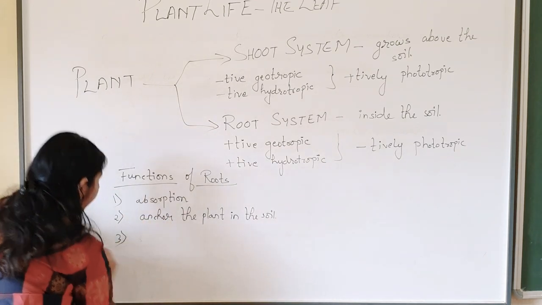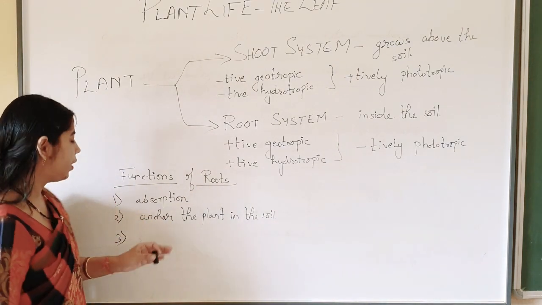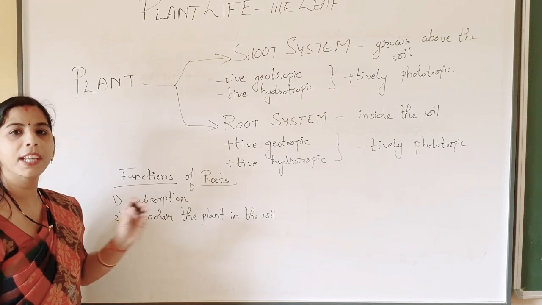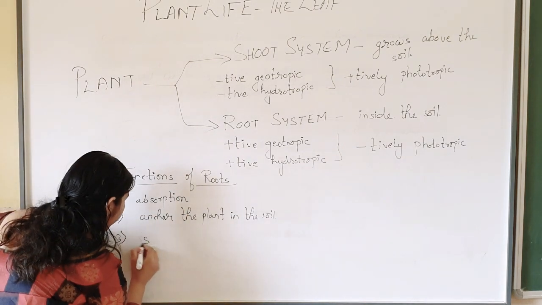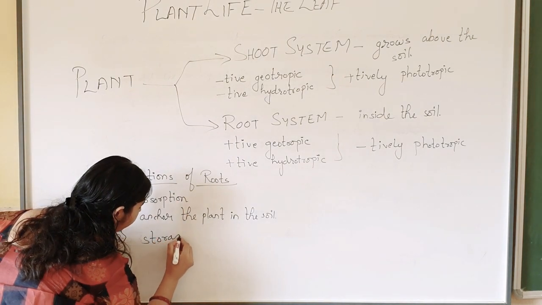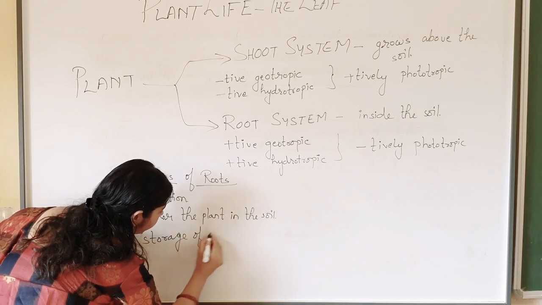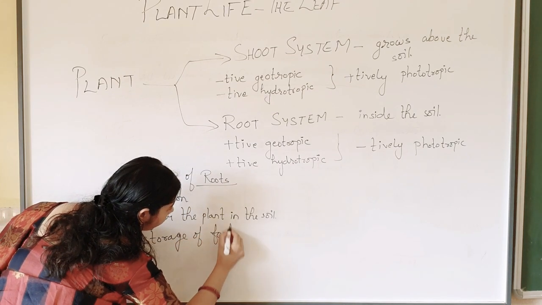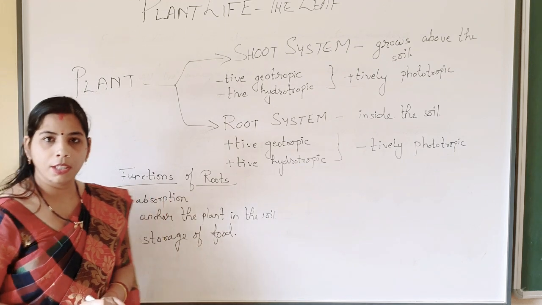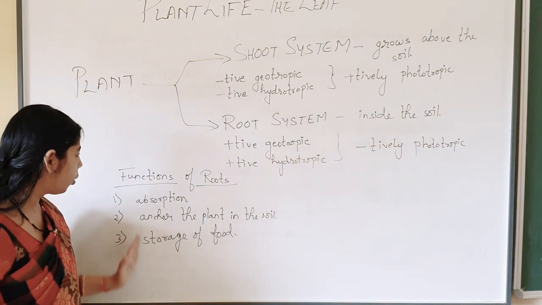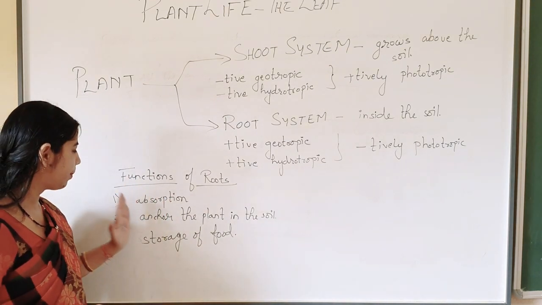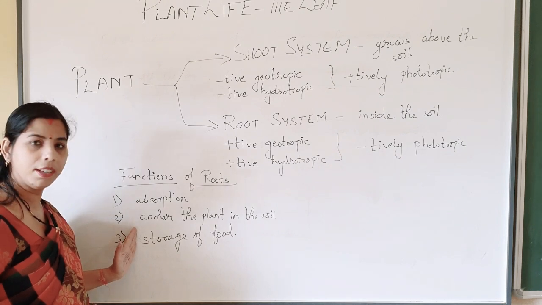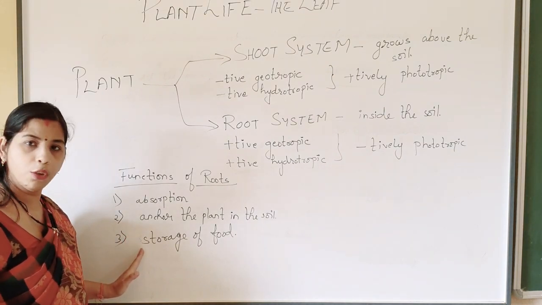And the third important function is that it also helps in the storage of food. Now you come to know the important functions of the roots: it helps in absorption, anchors the plant in the soil, and stores food.